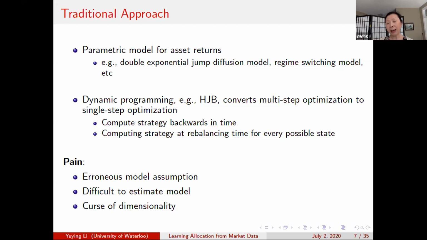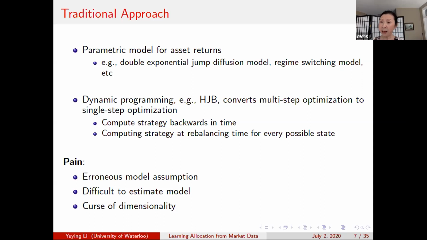And because our allocation problem is multi-period and stochastic, it's difficult to solve because I have a set of control functions at every rebalancing time. And the traditional approach is, okay, I'm going to make the problem easier. I'm going to change this multi-stage, multi-step allocation optimization problem into a single-step optimization problem. And how do I do it? Well, I use the dynamic programming principle.